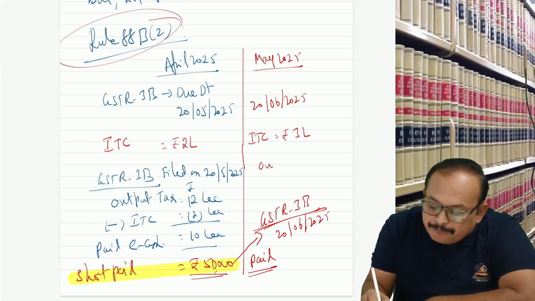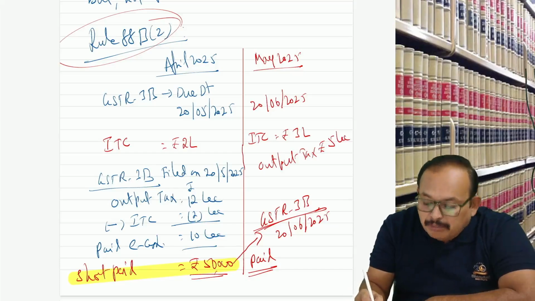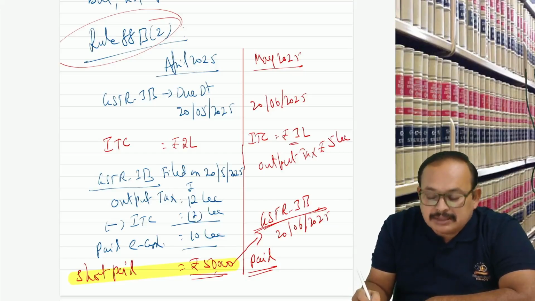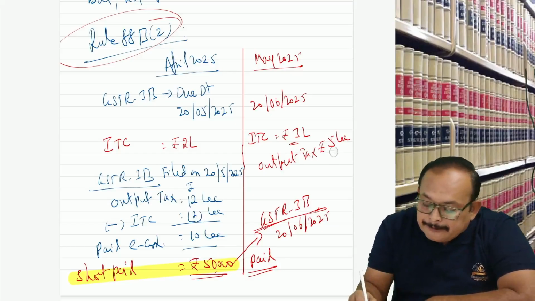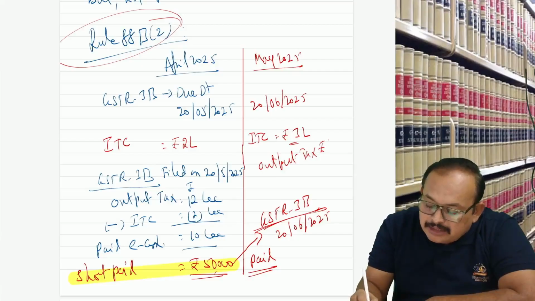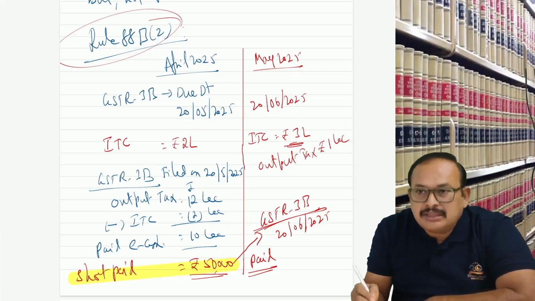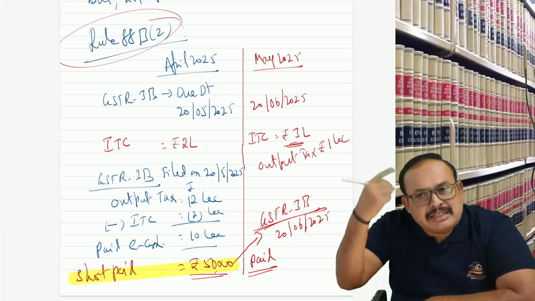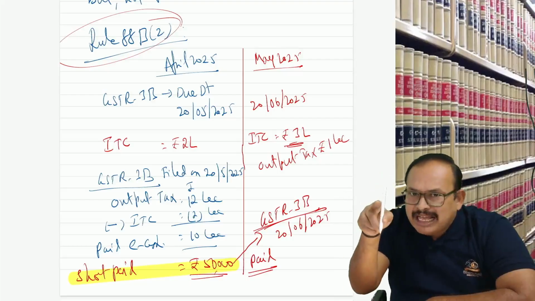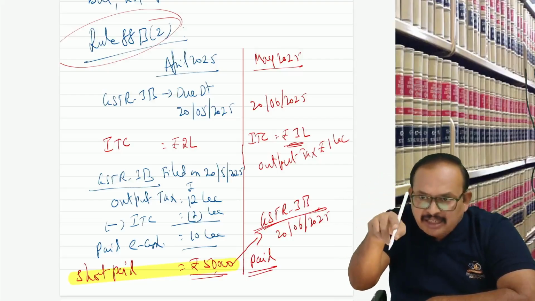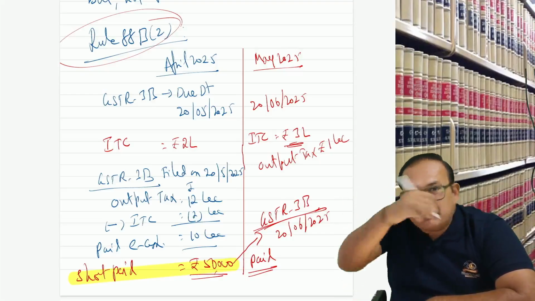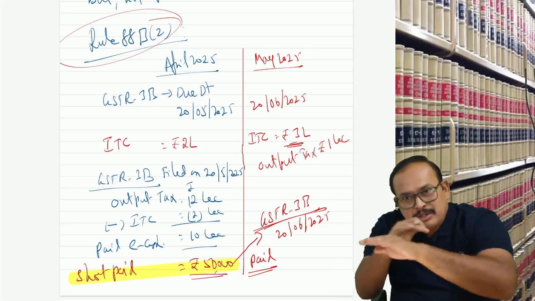May month liability, output tax 5 lakhs. My credit how much? 3 lakhs. Or I can say like this, my output tax 1 lakh. My credit how much? I adjust it. Excess credit how much? That 2 lakhs excess credit is there. While paying this amount, previous month liability now I am paying. Can I reduce the credit?